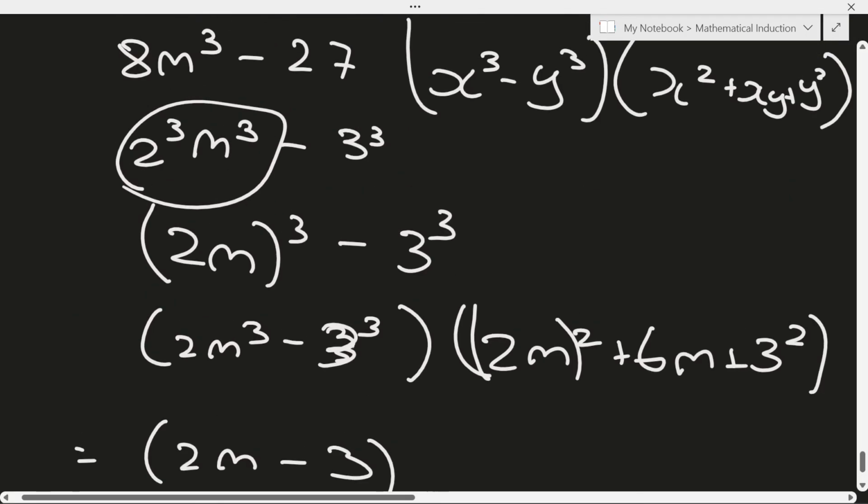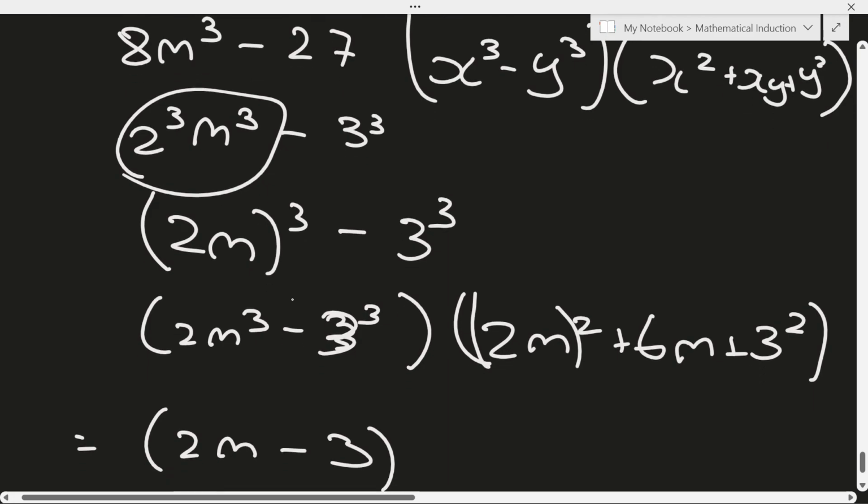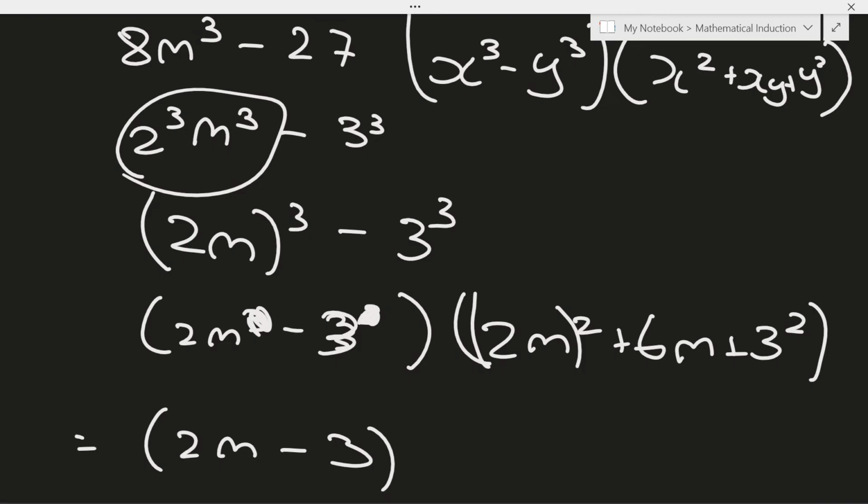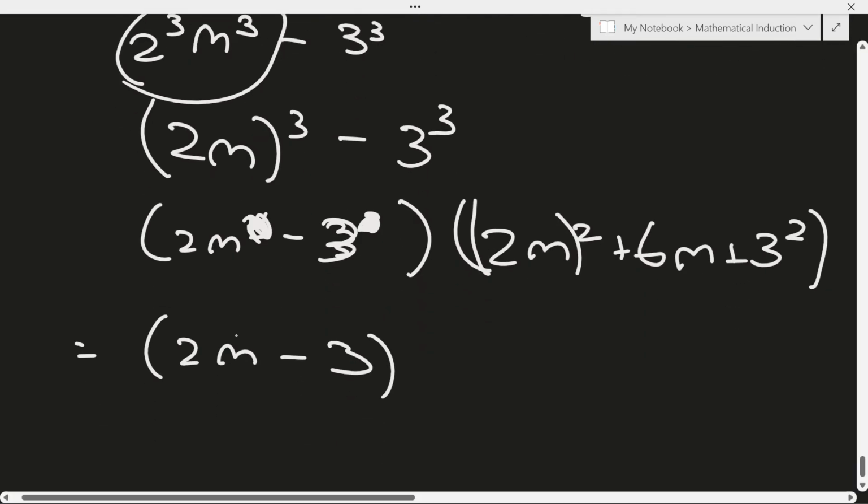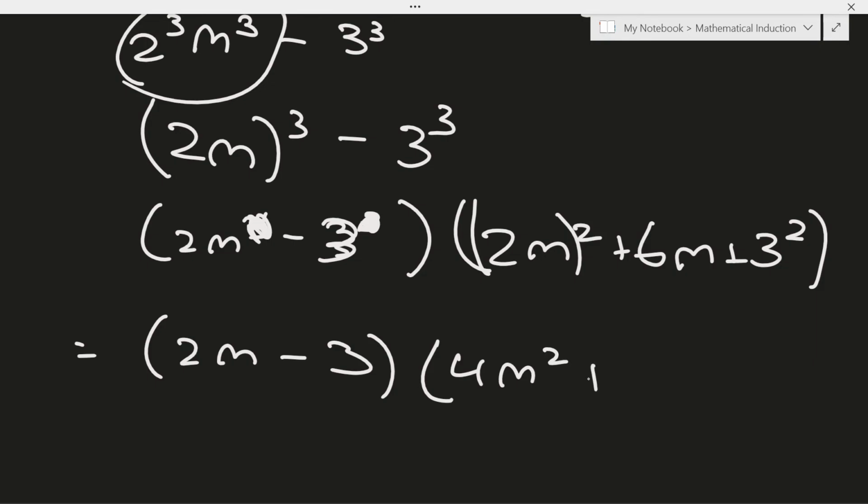Oh, I'm sorry, by the way. These should not have values right here. We just pretend this never happened. We'll have 2m minus 3, and then we'll have 2m squared, which is equal to 4m squared plus 6m plus 9.